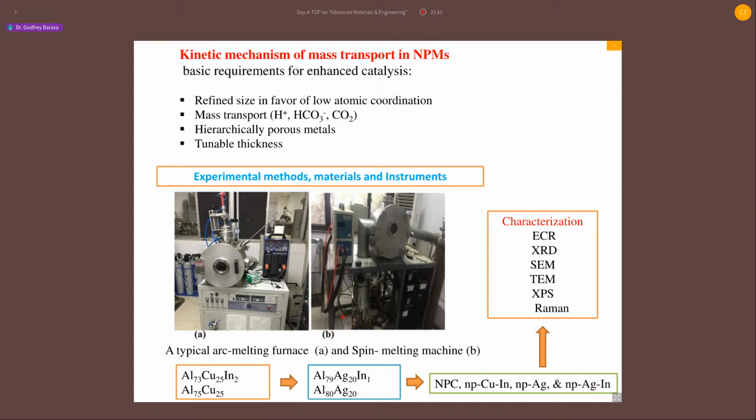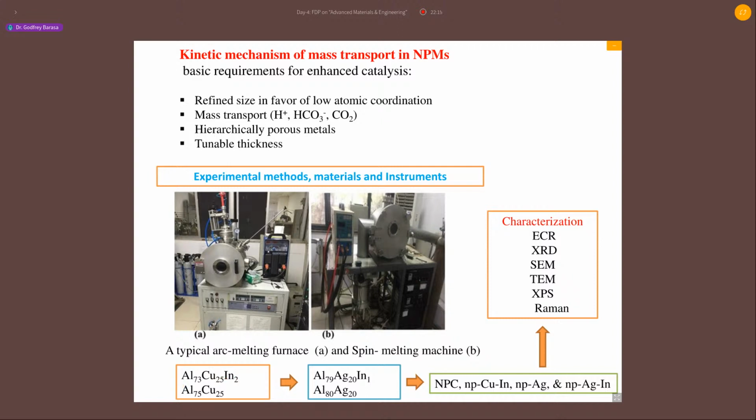Now there is this particular method, the arc melting, which I also worked on with various precursors for dealloying in order to make nanoporous materials. The ones I worked on: I combined a ternary, that is silver, copper, indium in that atomic ratio, and also we have to get copper indium, then we need to have a ternary.